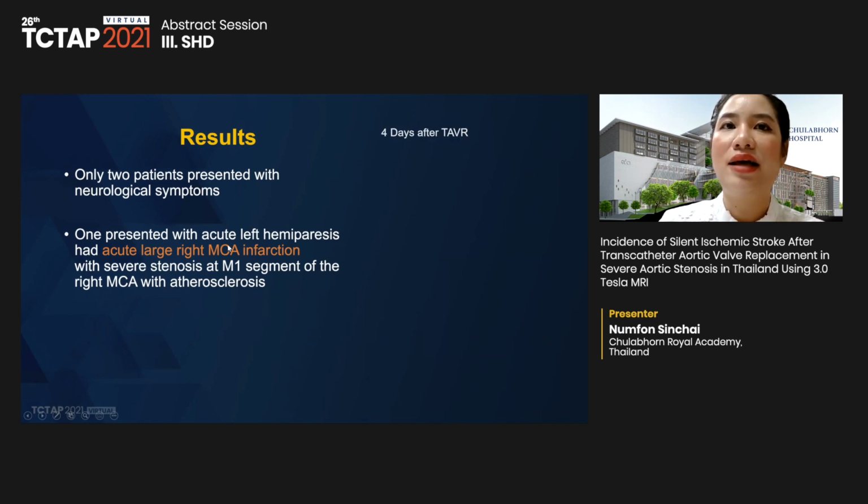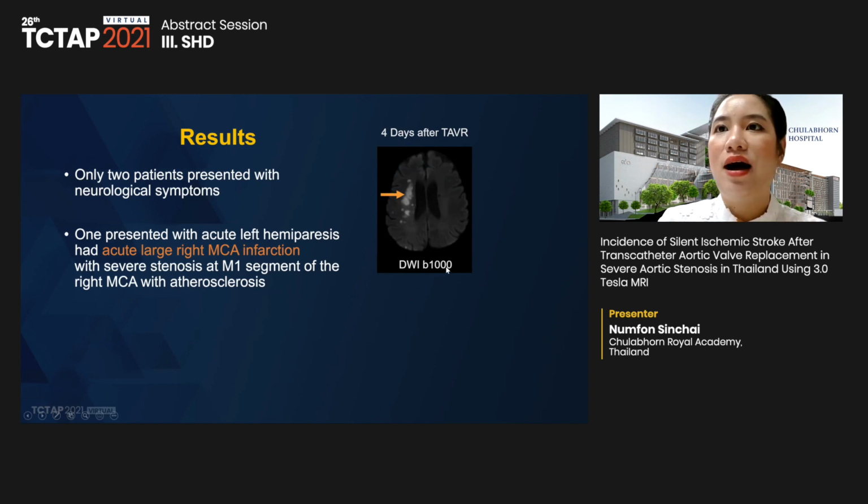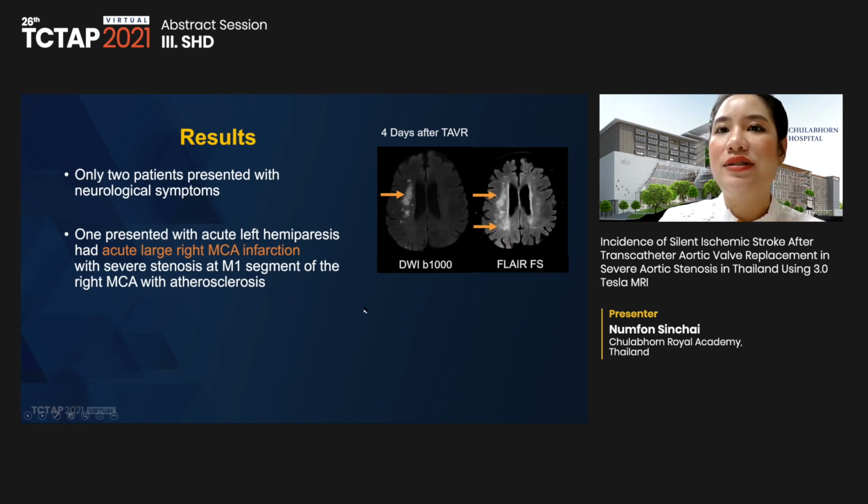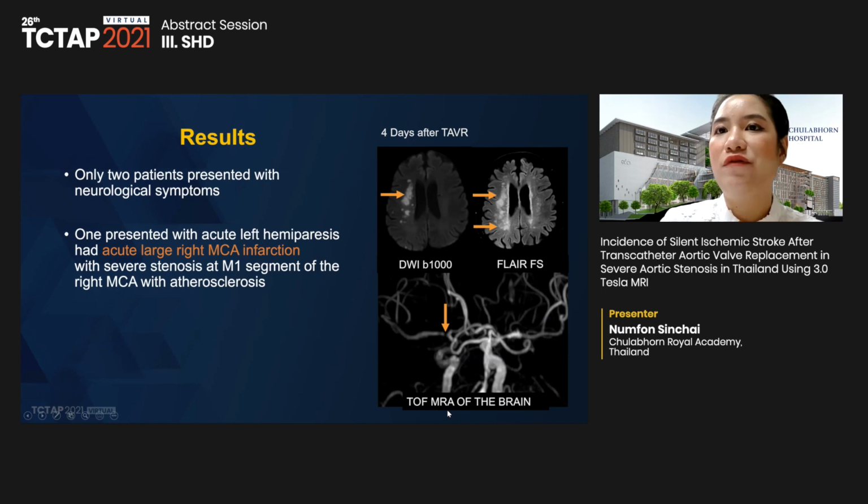One patient had acute left hemiparesis. MRI DWI showed acute large right MCA infarction. Further investigation with MR angiography of the brain showed severe stenosis at the M1 segment of the right MCA, and the patient had diffuse atherosclerosis.